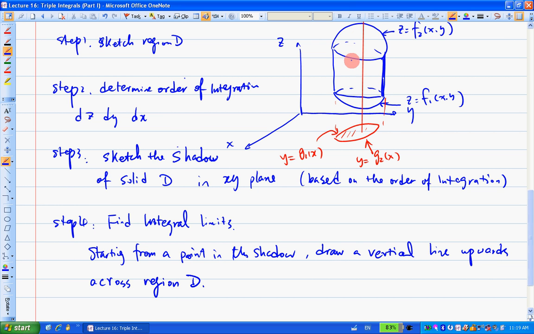If a part of the solid is below the xy plane, you still need to go across the whole region D.